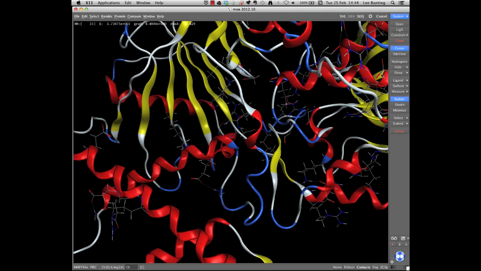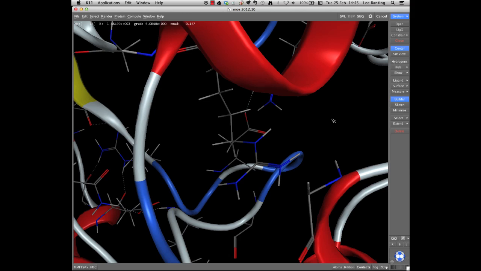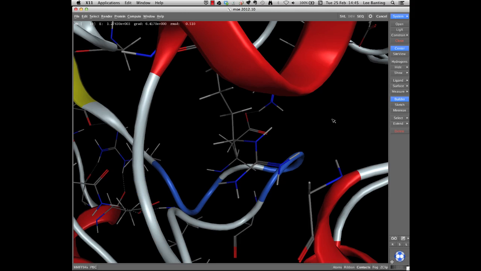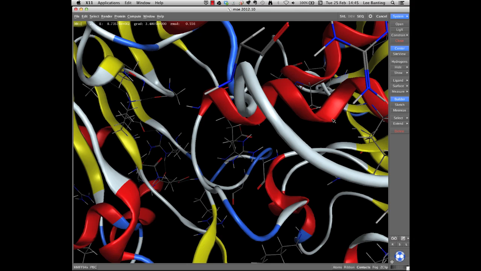And if we just concentrate on one part of the structure, we should be able to see some changes happening as the coordinates are updated. And you can see that the consequence of these coordinate changes is that our protein structure is changing its shape slightly.